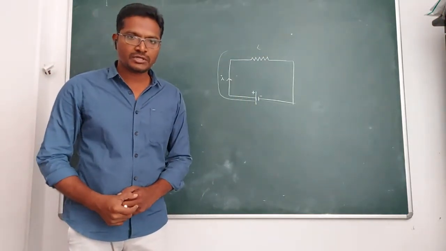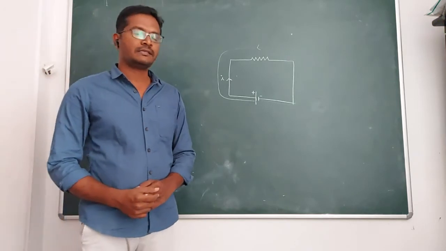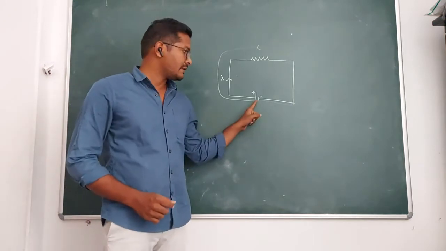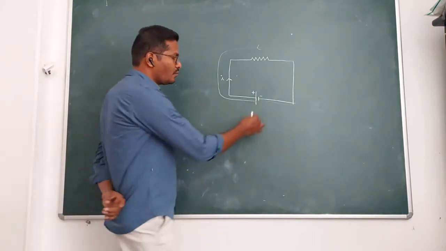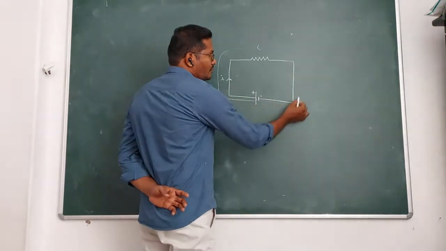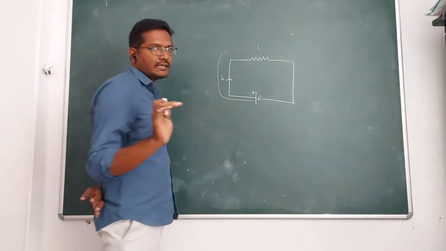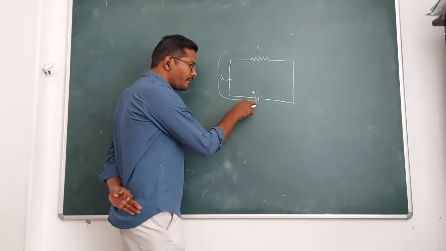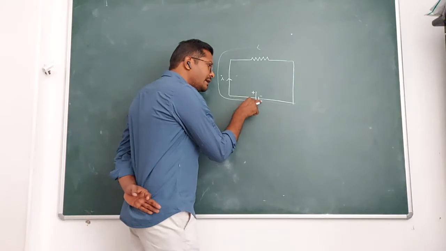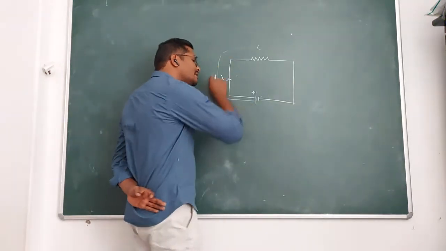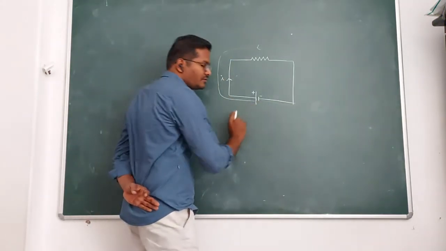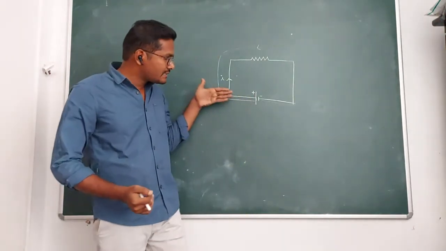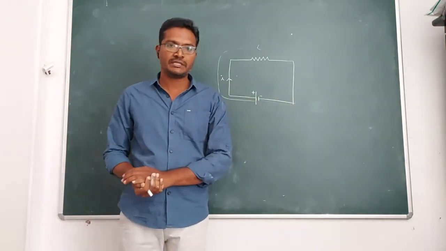Here there are two questions you are going to get in the exams. What is the direction of electrons outside the cell? Outside the cell, the electrons are moving from negative to positive, and inside the cell, don't get confused here, the electrons are moving from positive to negative. Again they will come out of the cell like this, and inside the cell they will move from positive to negative. So inside the cell, electrons always move from higher potential to lower potential.